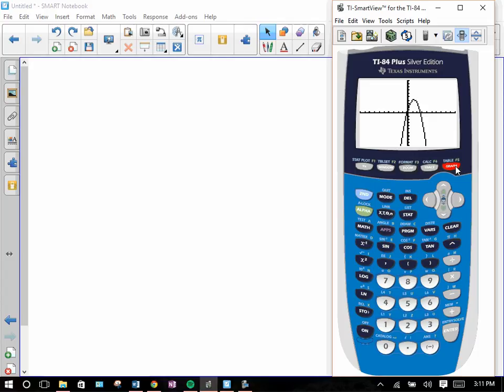At this point, you're just going to look at the table. So you hit second window. My table start says the limit as x approaches 4, so my table start would be 4. My table jump I want to be 0.001. So I'm going to hit second graph for the table. If I look here, I can see that this is approaching what y value? Negative 11. There's my answer.